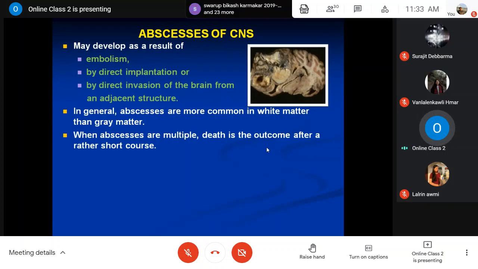In general, these abscesses are more common in the white matter of the brain than the gray matter. When these abscesses are multiple, in many numbers in the brain, the animal dies after a rather short course. Usually brain failure and damage occur, and the animal will die.